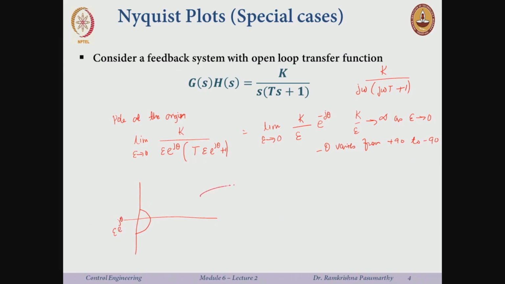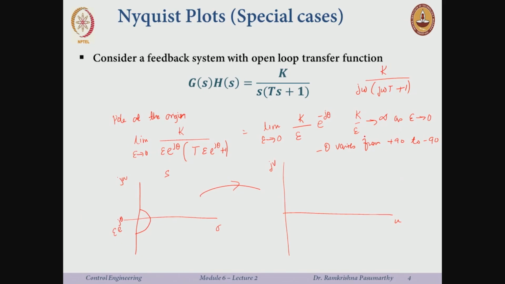How will this map into the QS plane, S equal to sigma plus j omega, u plus j v? This is how we defined it last time. So how does this map here?